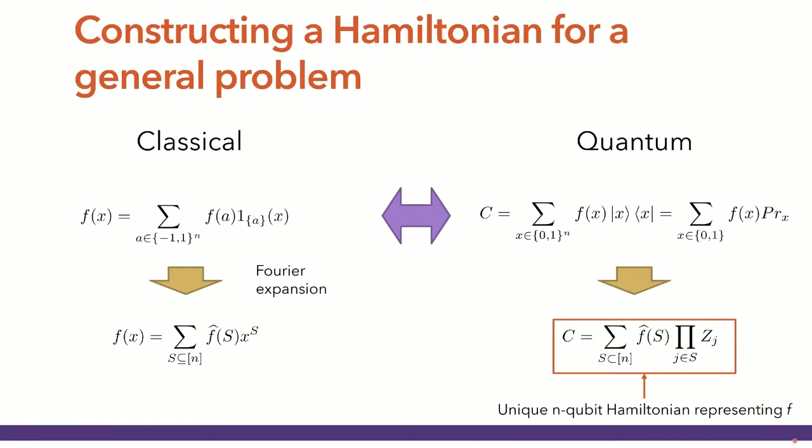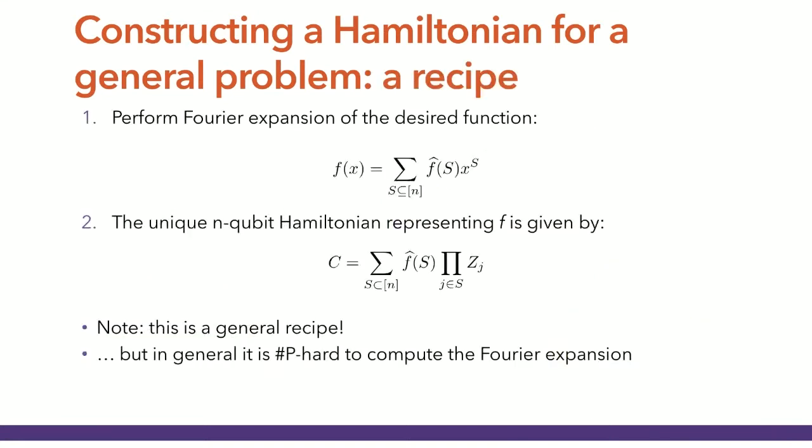In short, the recipe for constructing a Hamiltonian for an arbitrary objective function is: you start by performing a Fourier expansion of this function, and then you replace the multilinear monomials x to the power of s by products of PauliZ.